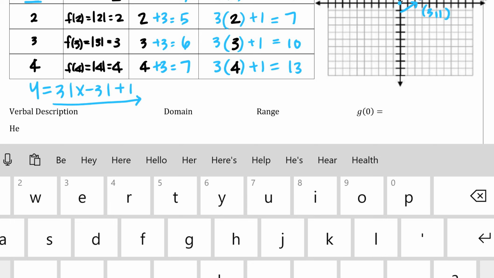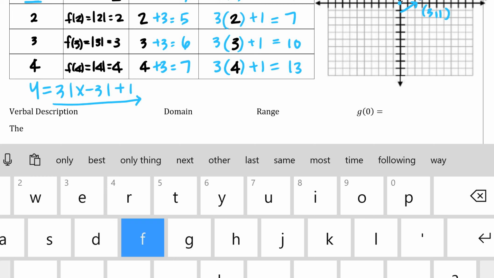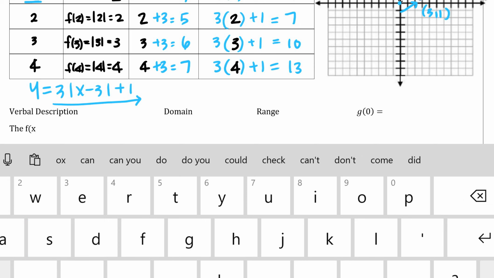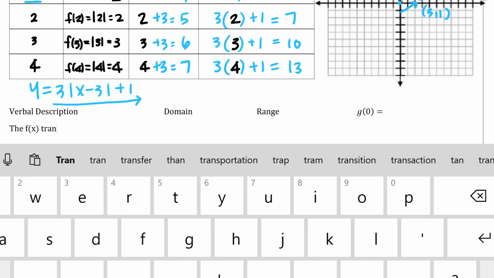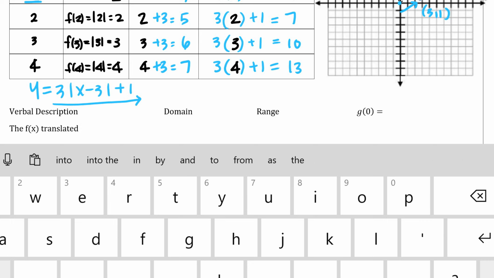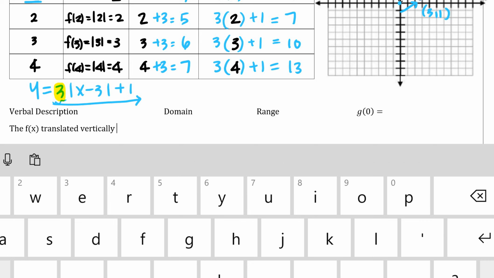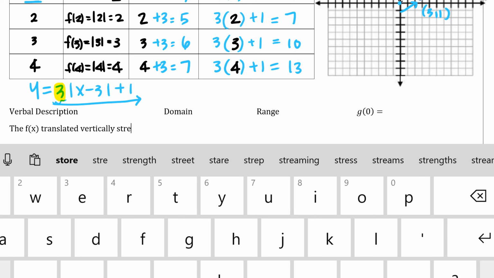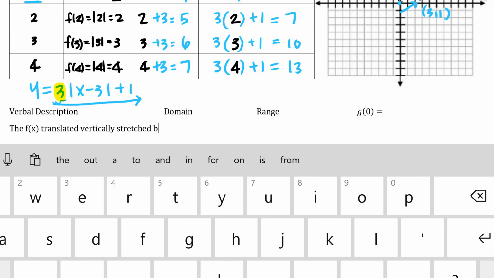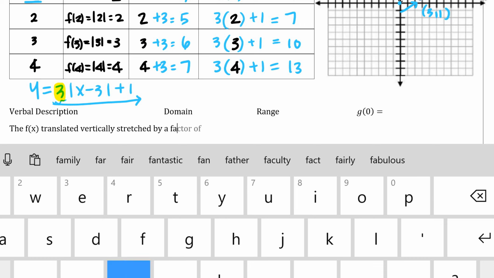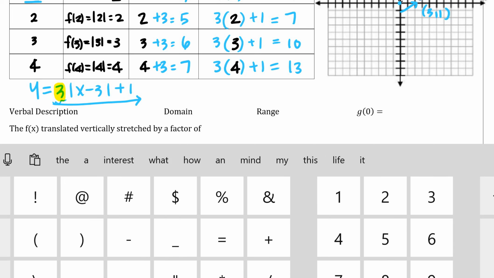So f of x is translated. The first one is vertical: vertically stretched by a factor of 3.